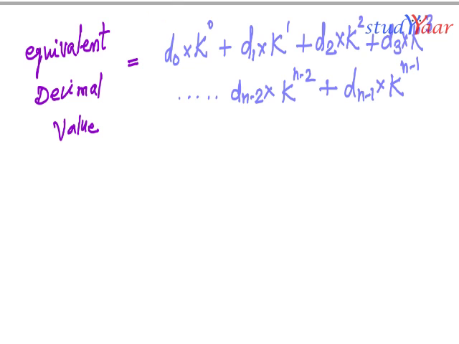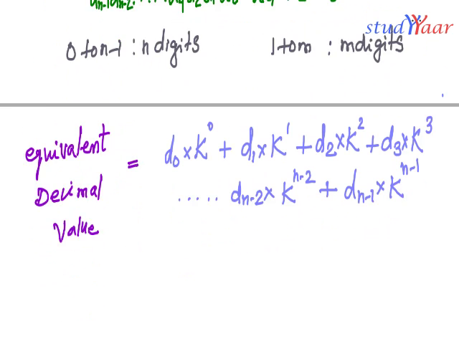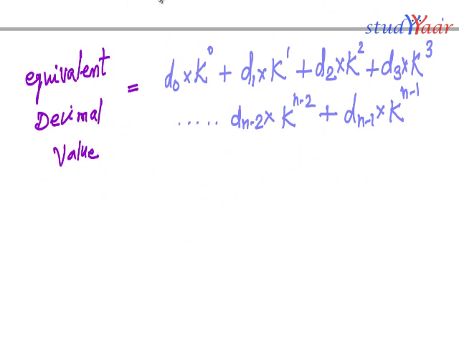After this, let's see what is the equivalent fractional value. The equivalent fractional value is, I'm going to just write plus with a different symbol so that you're able to distinguish between the fractional and integral value.